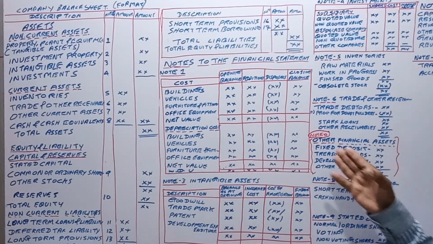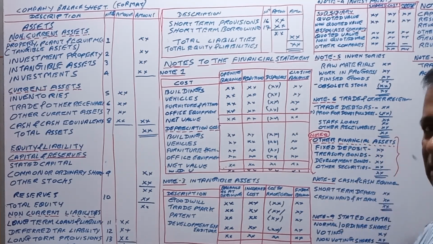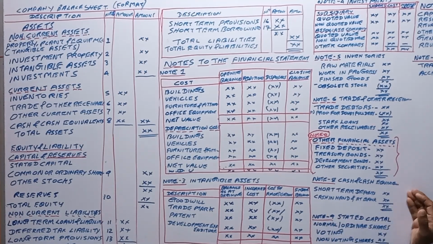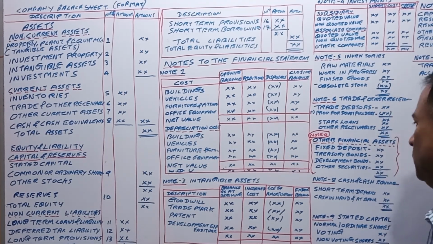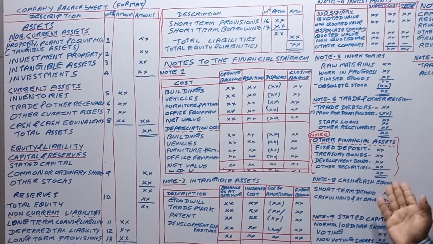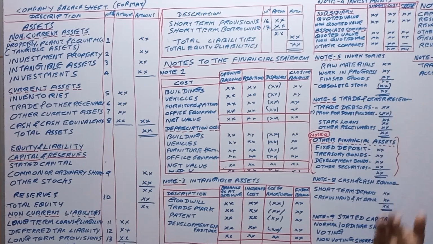Commonly I will mention it like other financial assets. You have to categorize this one. Fixed deposit, if it is more than 1 year, then it has to go to the non-current assets, and if it is below 1 year, it has to go to the current assets.